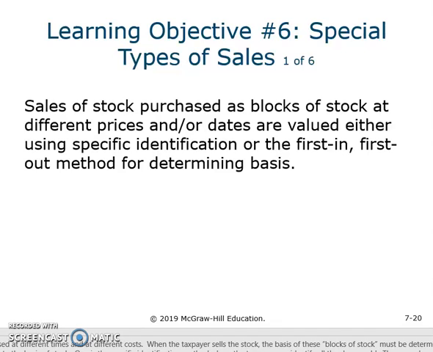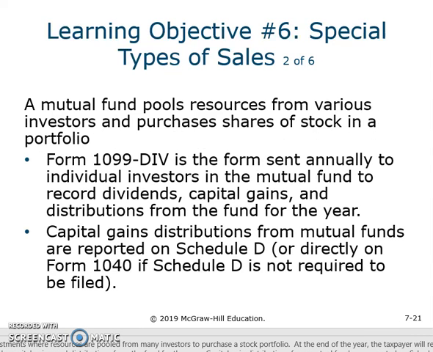So now we're going to move on to some special types of sales. Sales of stock that are purchased in blocks at different prices or at different dates are valued either using specific identification or the first in, first out method for determining the basis of those stocks. If the shares of stock are purchased in a mutual fund, those are pools of resources from various investors and purchases of shares of stock in our portfolio.